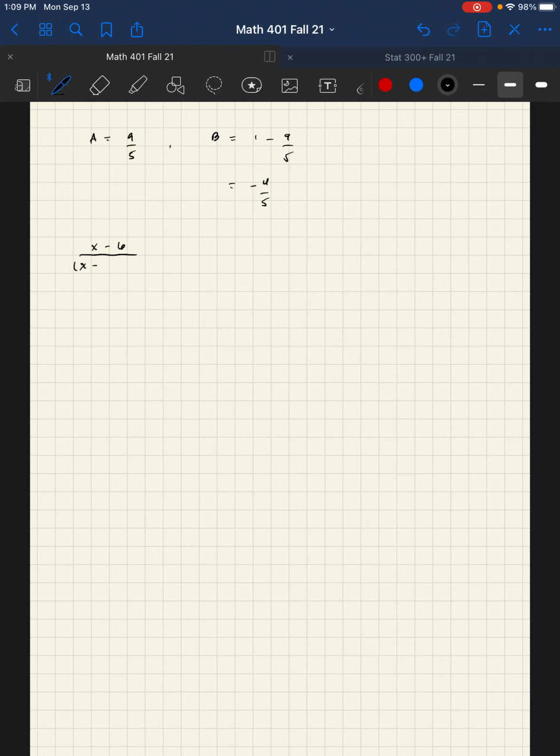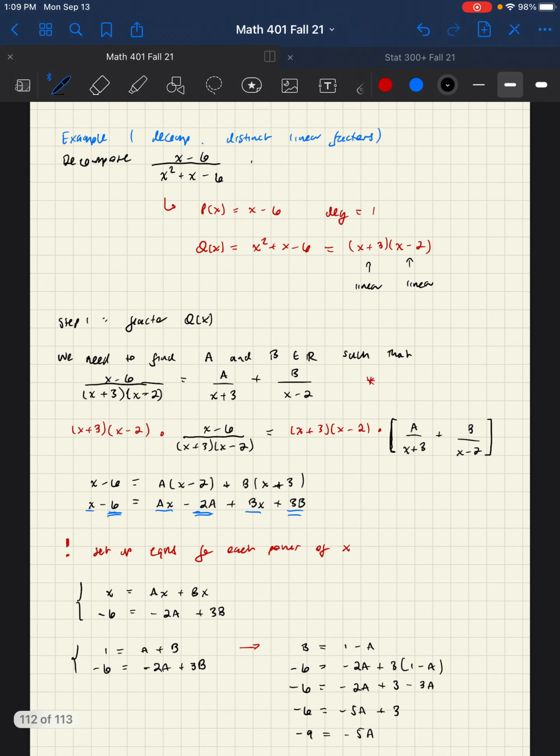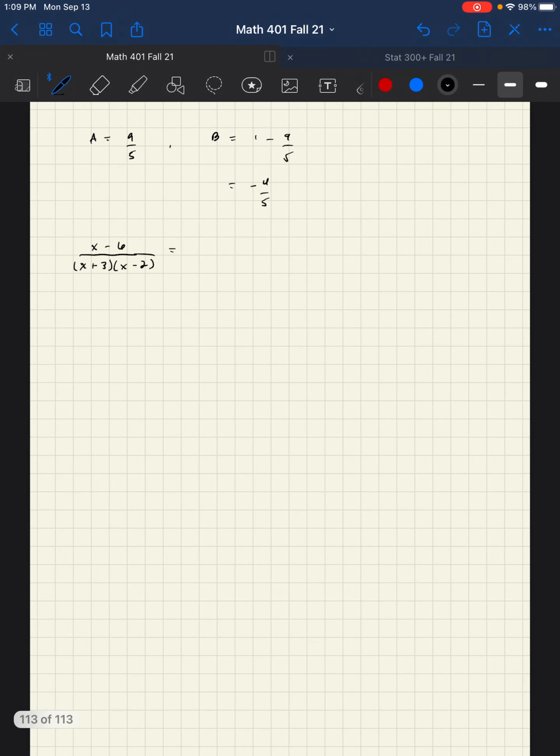let's see, A goes in the numerator for x plus 3. So we get 9/5 over x plus 3 plus negative 4/5 over x minus 2.